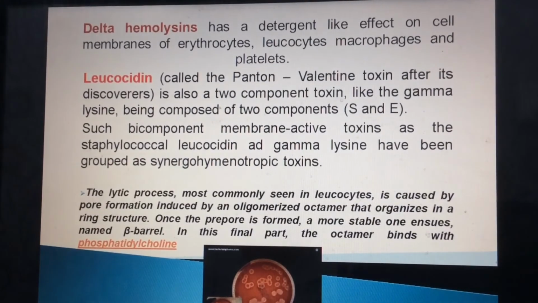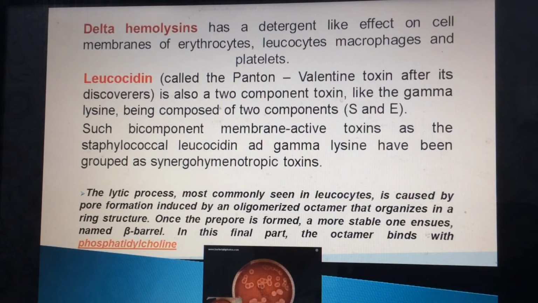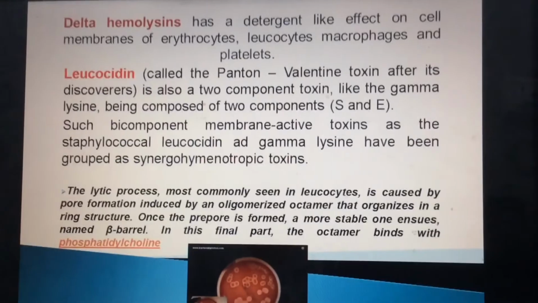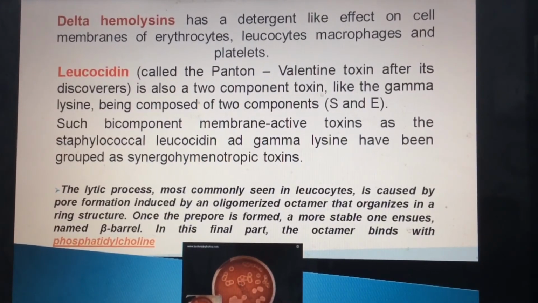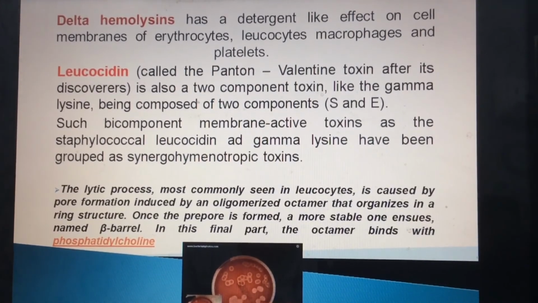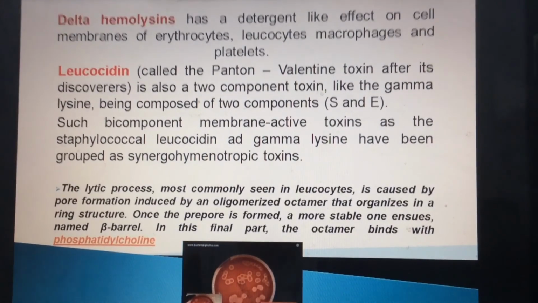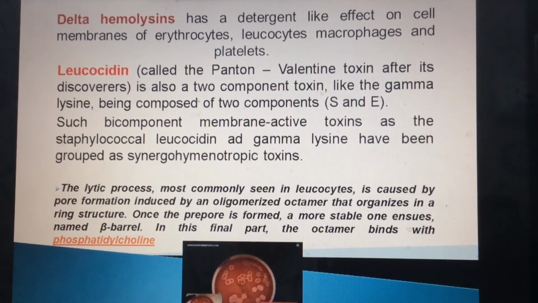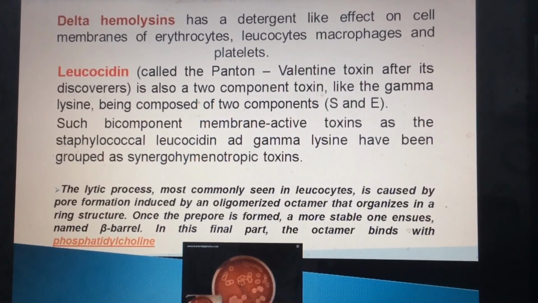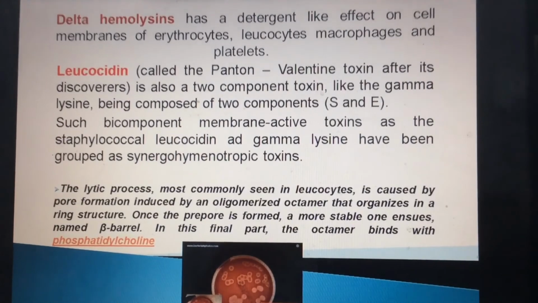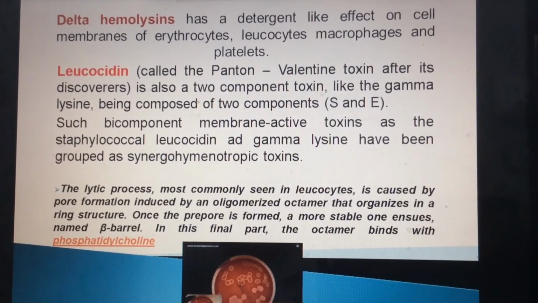The two protein molecules are toxic, S and F, and they form a combination and attack. This type of structure, grape-like, you know that Staphylococcus forms. Such dead colonies are present, and in this whole mechanism you can see the beta barrel protein molecules are denatured by these leucocidin molecules.